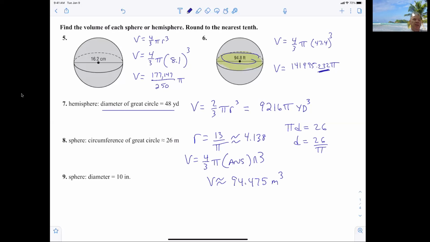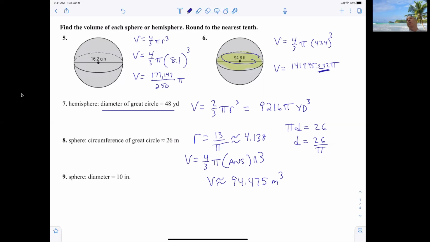But you rounded 94.475. Well, I'm telling you, it's not possible if you do 13 divided by pi. I'm trying to show you why I know I'm right. When you divide by pi, you're going to get an irrational number.